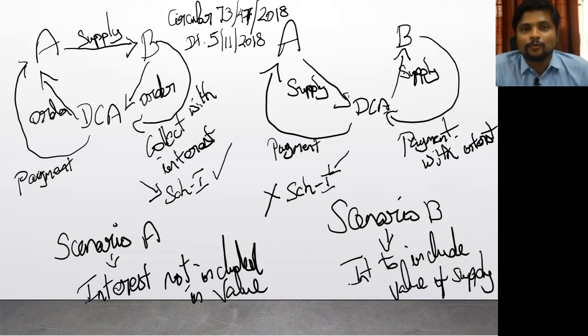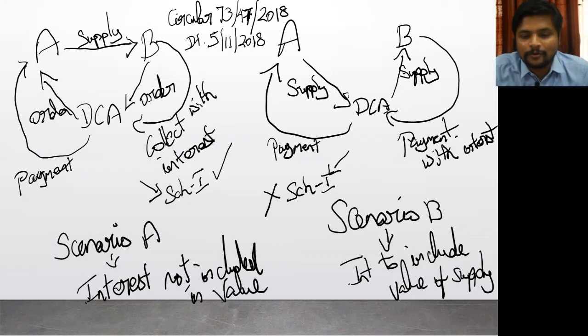But if the goods are supplied through the agent, and the agent in his own name is invoicing the recipient of supply, in that case the interest charged by the agent has to be included in the valuation. It is as simple as that.